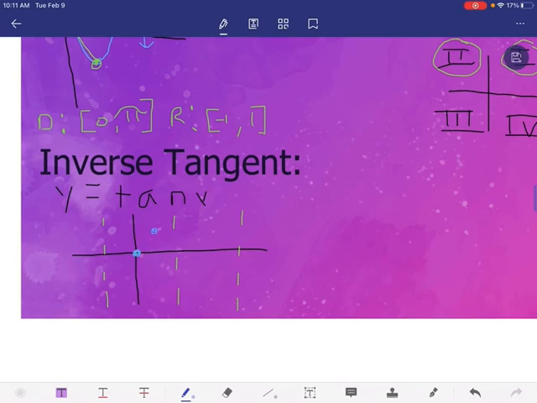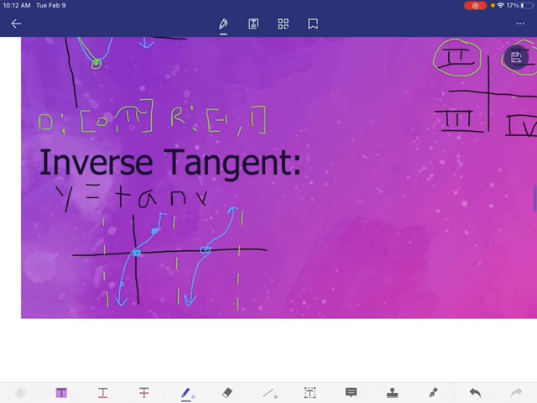Then we have our key point at 1 on the right side, halfway in between the 0 and the asymptote, and our key point at -1 on the left side, halfway in between our 0 and our asymptote. And then again, it's going to repeat itself. And just like before, notice that our graph does not pass the horizontal line test.